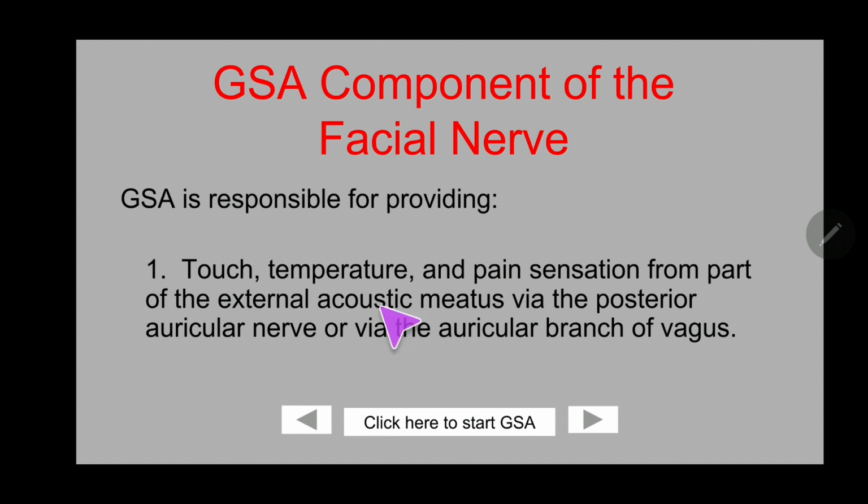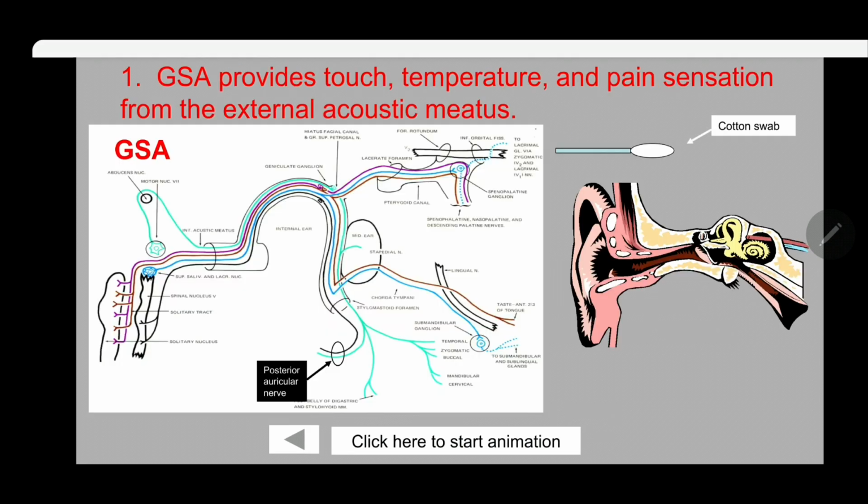But sometimes, remember, I told you that the auricular branch of the vagus communicates with the facial nerve, and that's called Arnold's nerve. So it might be either through this branch from the vagus, or maybe directly via the posterior auricular nerve, that it's bringing in these general sensations from the external auditory meatus.